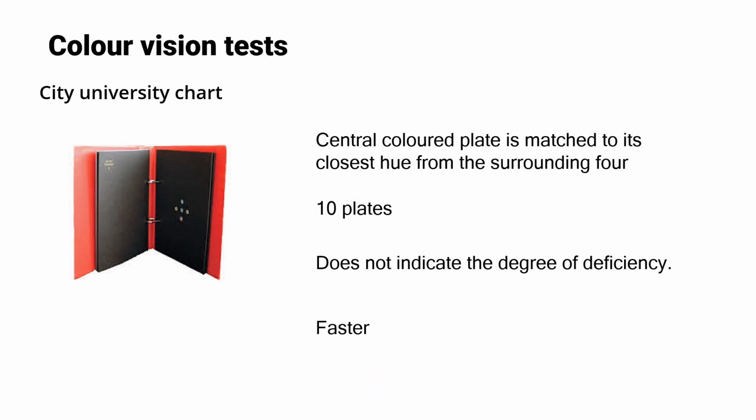So usually it's used in some industries, before joining any industry, to crudely identify the presence or absence of red green color deficiency. The last one is Nagel's anomaloscope. Here the patient sees through the anomaloscope. He sees one half completely yellow, and the other half he can mix and match red and green. Two knobs are given, and he has to match them until he sees that both are yellow.